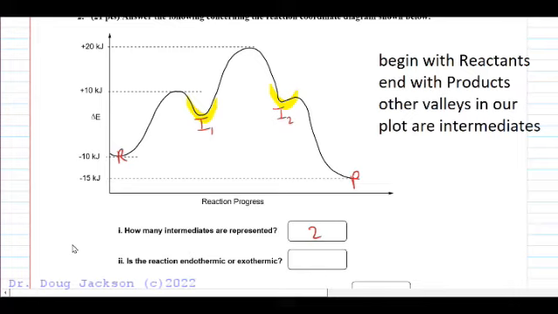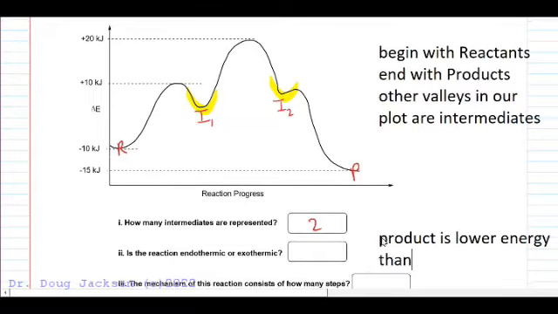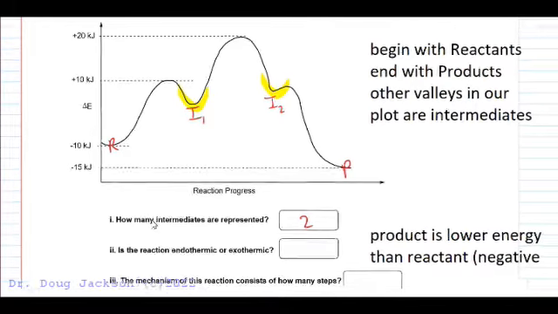Is the reaction endothermic or exothermic? When the product is more stable, the product has a lower energy than the reactant, so we're going to have a negative enthalpy of reaction.